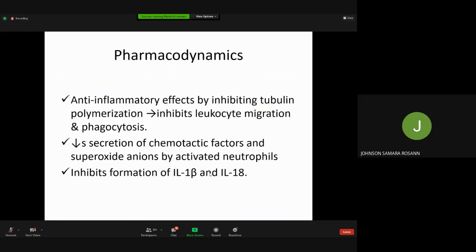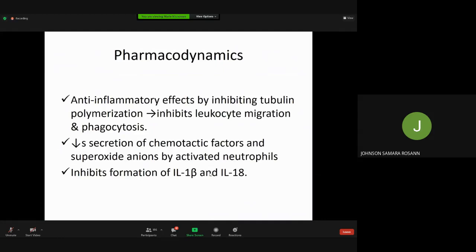For the pharmacodynamics, how does it achieve its anti-inflammatory effect? It actually works directly within the leukocytes. It inhibits tubulin polymerization within the leukocytes, and that then inhibits leukocyte migration. So the leukocytes are not able to migrate into the joints where the inflammation is taking place. So that is the major mechanism of action.